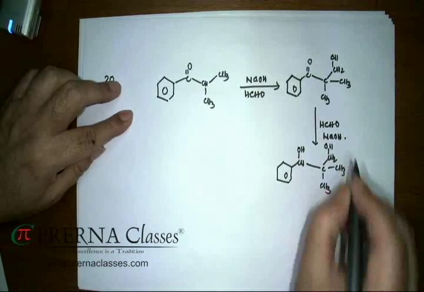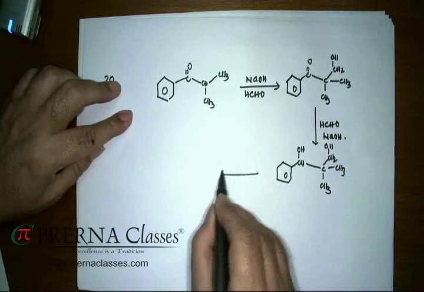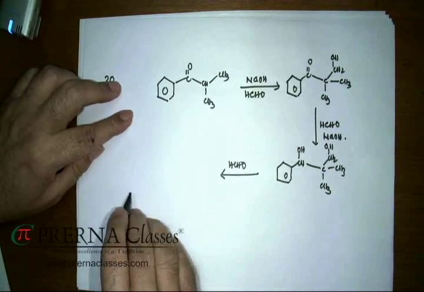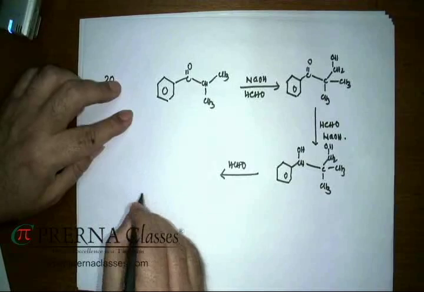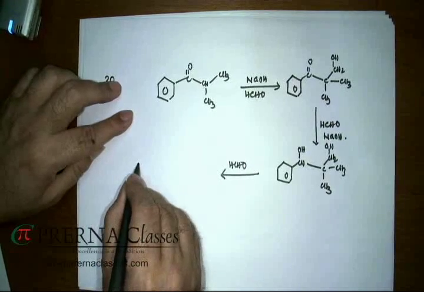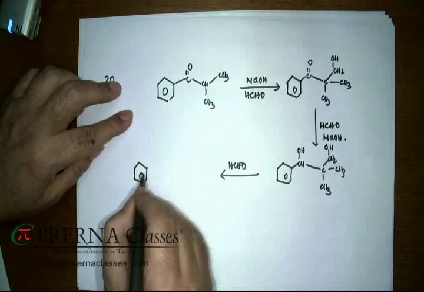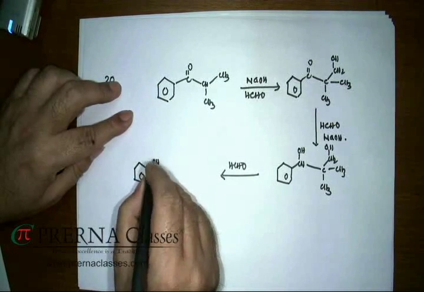Now this diol with HCHO will form a cyclic acetal. It forms a cyclic acetal.